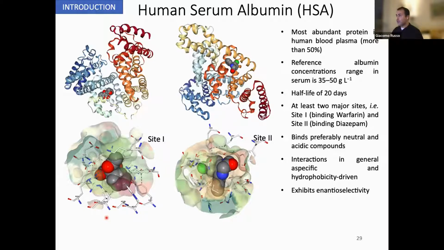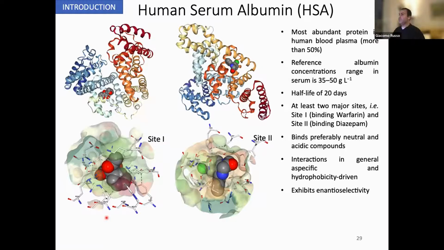However, the human serum albumin does support two major allosteric sites, which is site 1, responsible for the binding of warfarin, and site 2, responsible for the binding of diazepam.